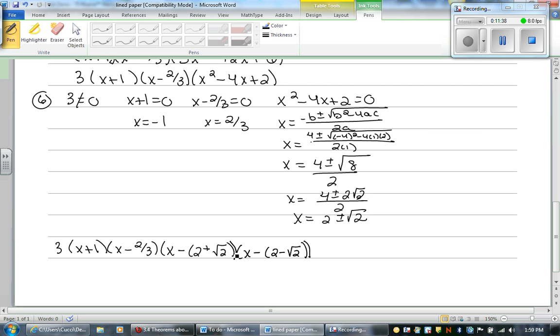Okay? And that would be completely factored form. Alright? So my zeros would be -1, 2/3, 2 plus the square root of 2, and 2 minus the square root of 2. And that's 4 of them. And it matches the degree of my polynomial.